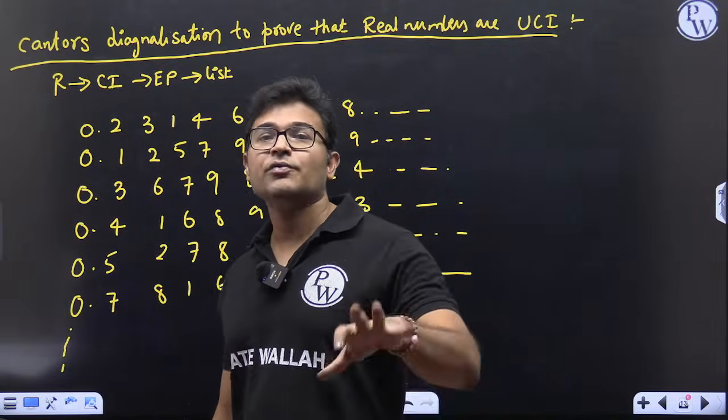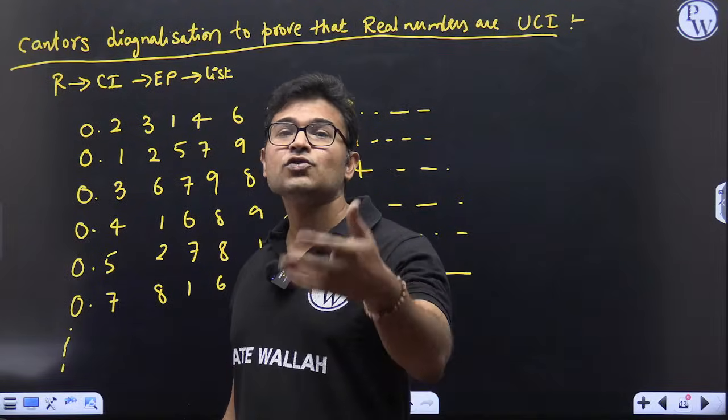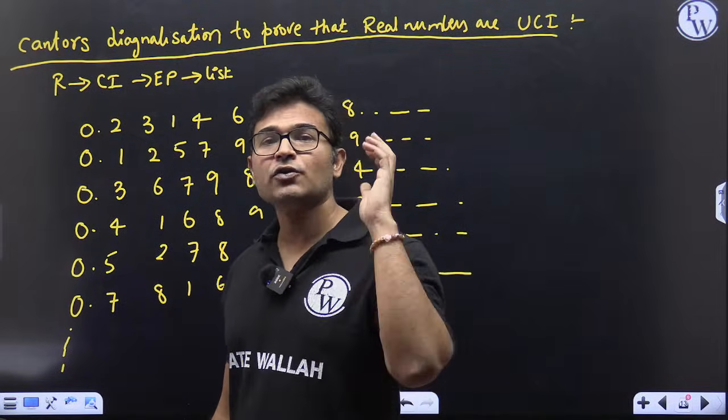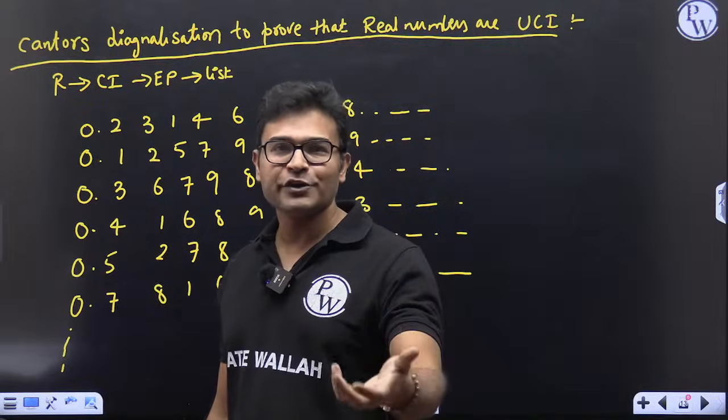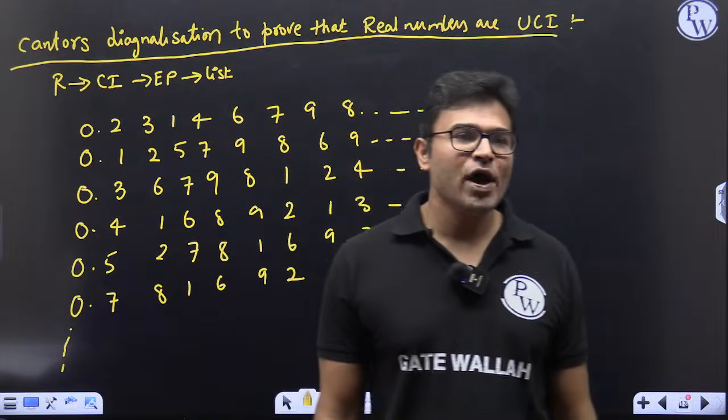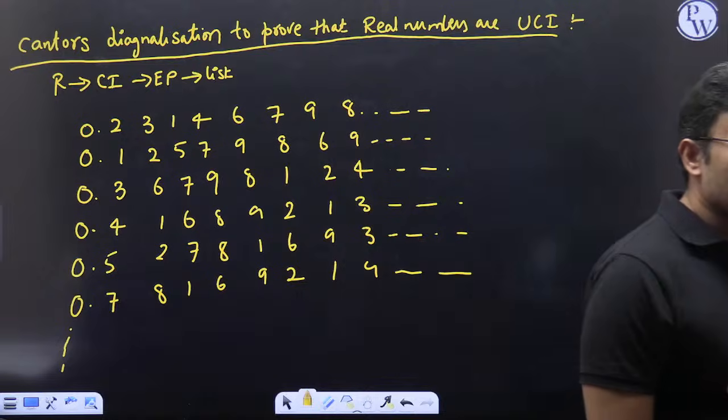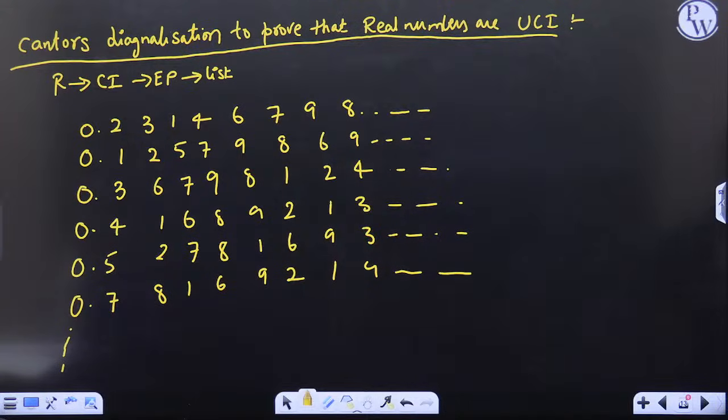I can come up with a new number which is not there in your list, which means your enumeration procedure has failed. Proved by contradiction. Tell me how I am going to prove that.